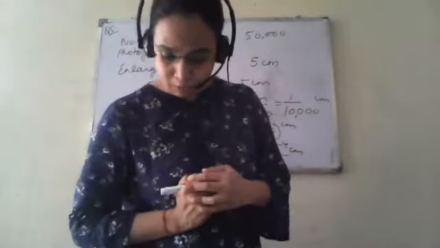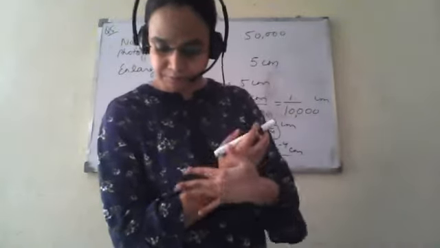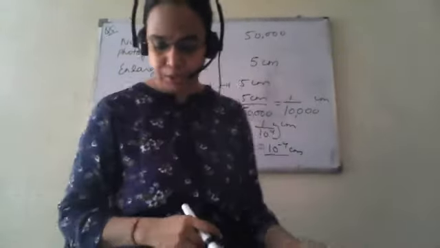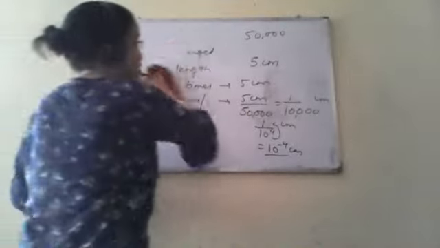Now, what do we have to calculate? If the photograph is enlarged 20,000 times only, what will be the size of bacteria? Now, how do we calculate this?